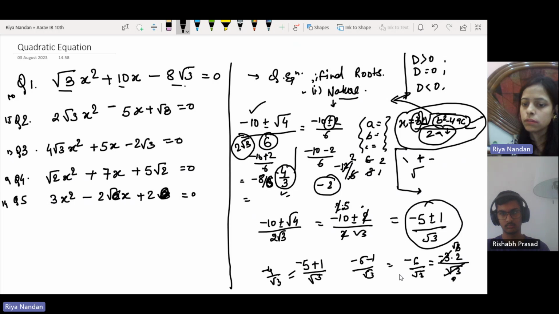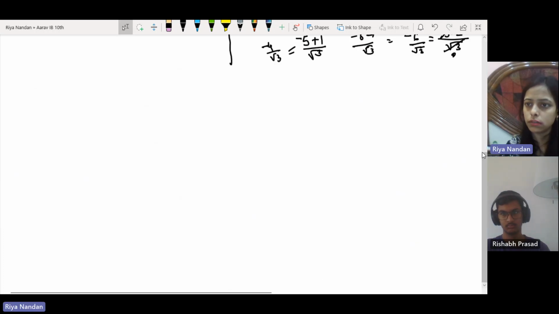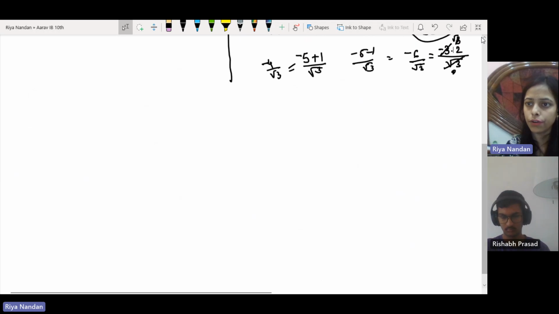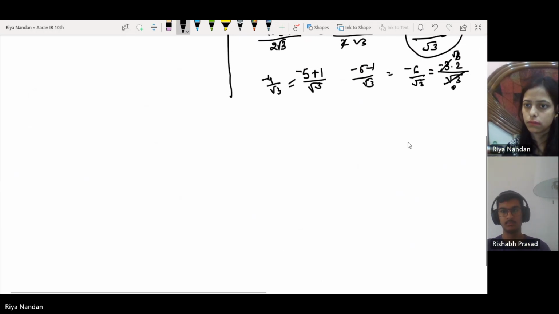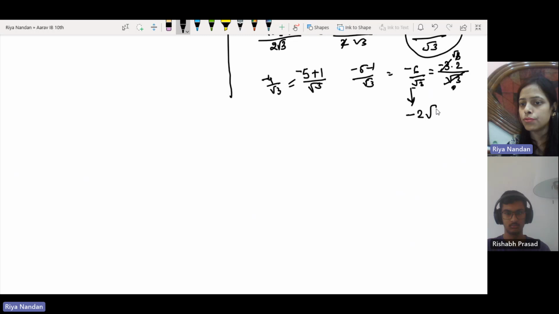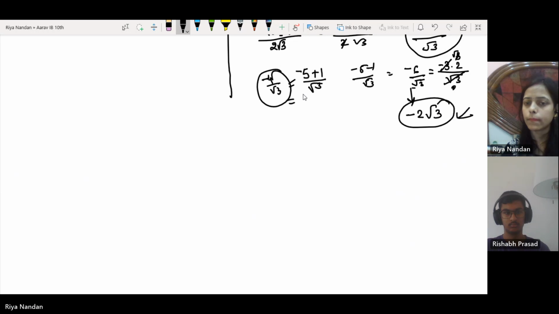So the answer would be 2 root 3. Clear or not? Yes. Once we solve this up, then we will be left with minus 2 root 3, this much. So this is one answer and this is the second one. Clear? Yes. You are clear with this step? Yes.